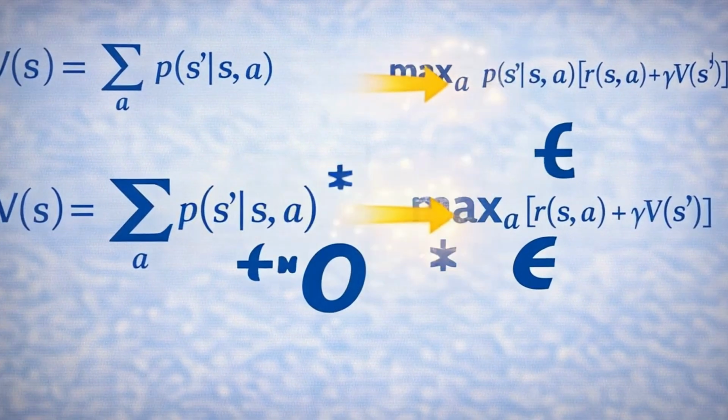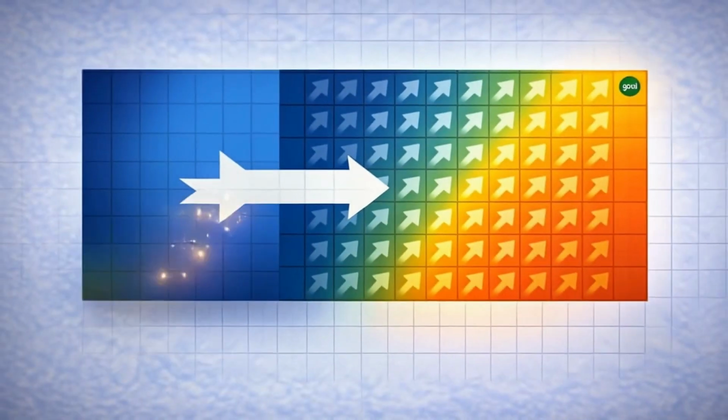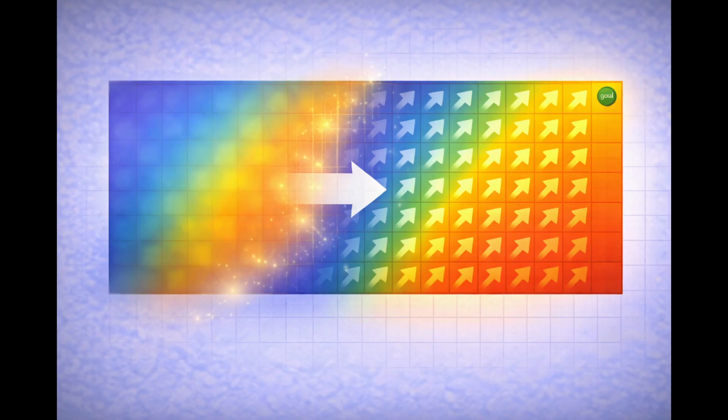In value iteration, the policy doesn't need to be explicitly updated every loop. You refine the value function first, and once the values are close to optimal, you extract a policy by choosing the action that looks best under those values. The policy is like a shadow cast by the value function.